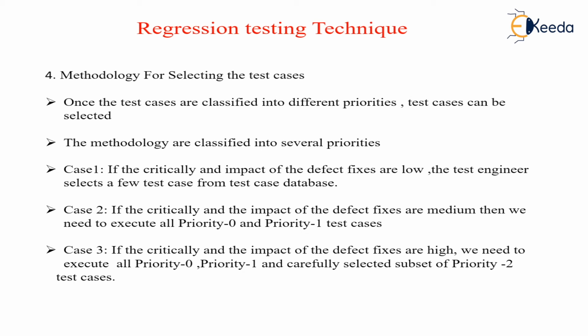And third, if the criticality and impact of the defect fixes are high, we need to execute all priority 0, priority 1 and carefully select some of the priority 2 test cases. Now, this can be a time-consuming procedure. For some reason, if there is not enough time and the risk of not doing an impact analysis will be low, an alternative methodology can be suggested.